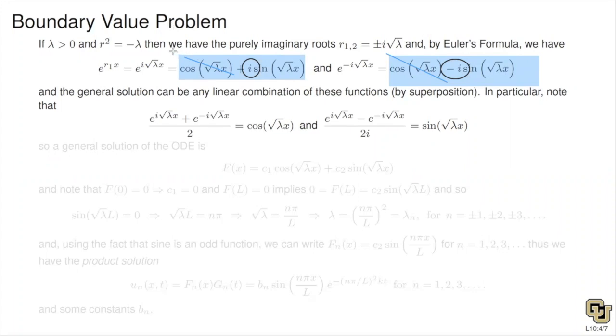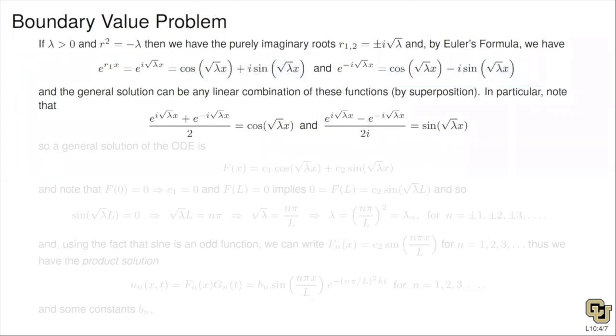So I'm subtracting this term minus this term. So the two minuses cancel and it doubles up. You get 2i sine root lambda x. I divide by 2i. Remember, this becomes a plus when we subtract. So I divide by 2i, I get sine lambda x.